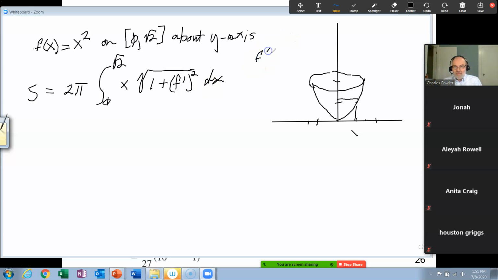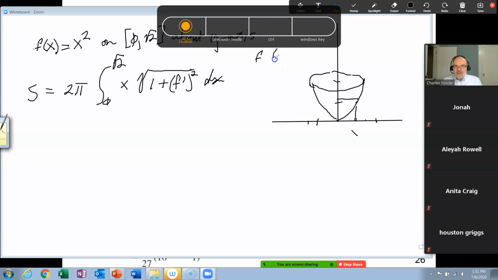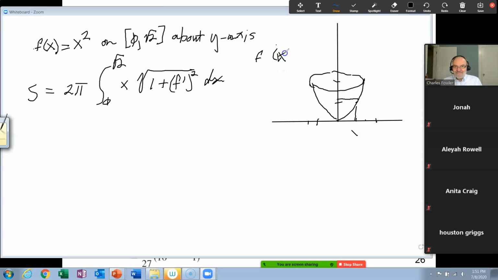F prime of x is equal to 2x. Okay? That's f prime.